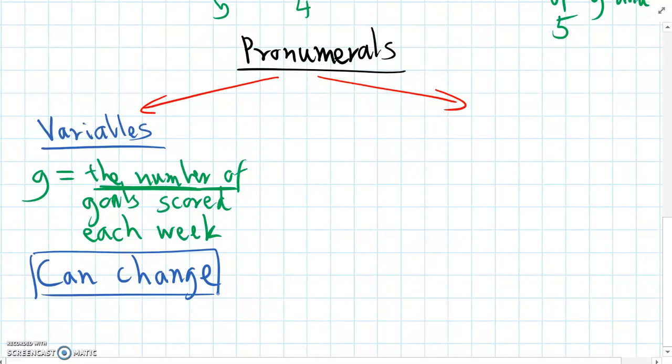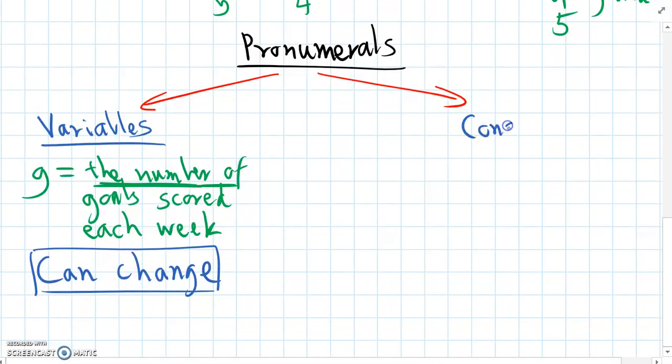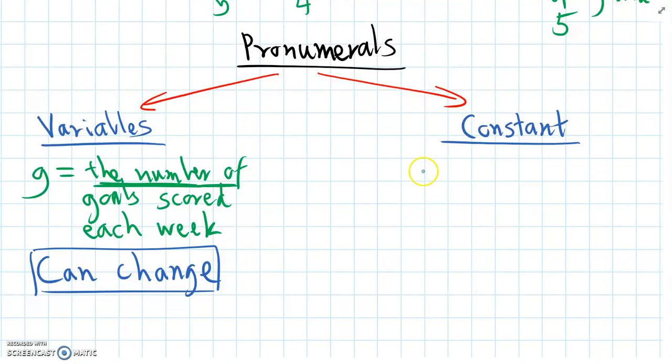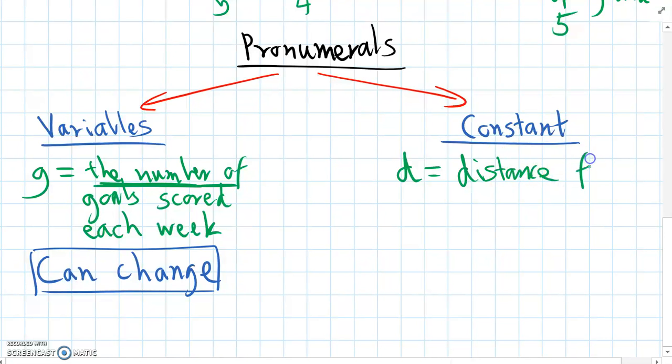But if a pronumeral can never change its value in real life, we call it a constant. So often constants are measurements of a distance. One example would be d is the distance from Melbourne to Adelaide.